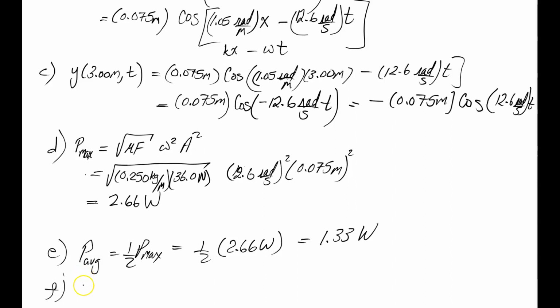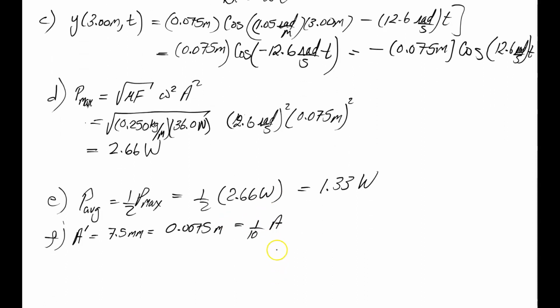The new amplitude, let's call it A bar, is 7.5 millimeters, which is the same as 0.0075 meters, which is the same as 1/10 the old amplitude.